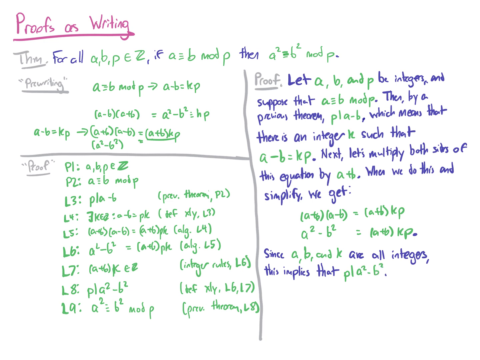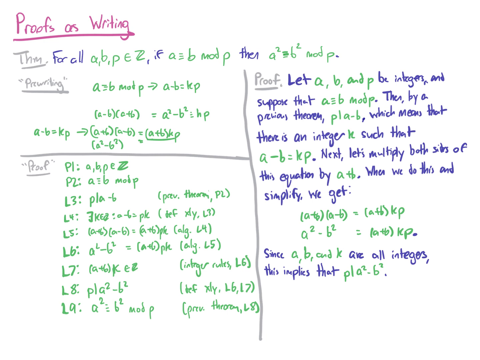So here I've decided, okay, there's some things that I don't have to justify every single time. So here I said, oh, a, b, and k are all integers. What's unsaid here is that means that a plus b times k is also an integer. I've taken the contextual step that, hey, I can let that slide this time. I don't have to say it explicitly. My reader is familiar with that idea.